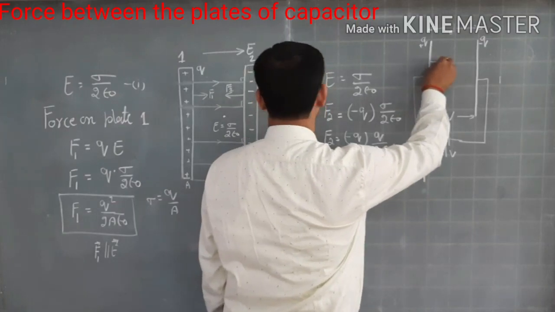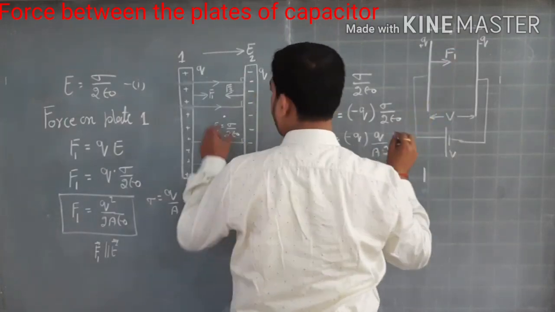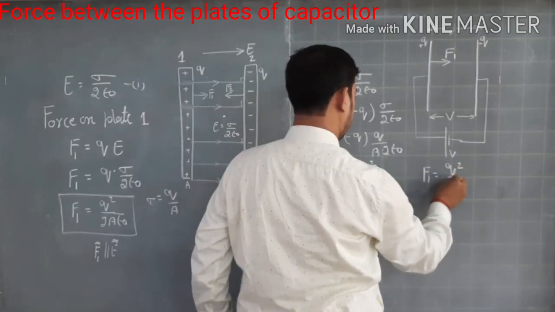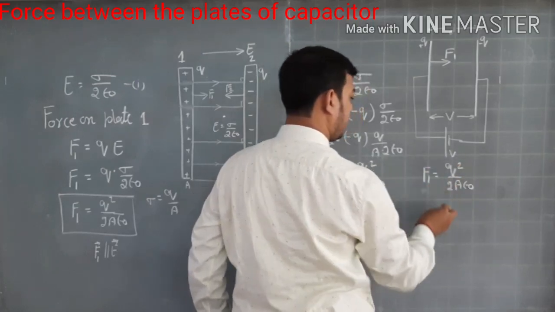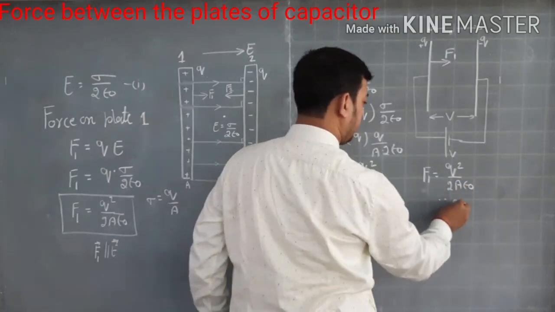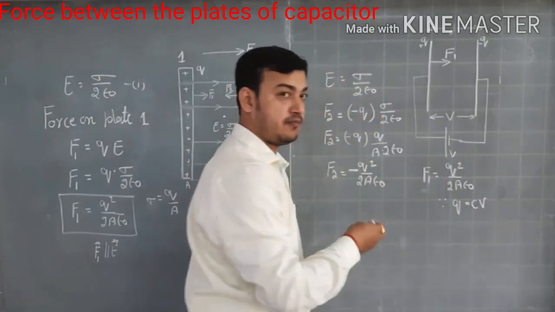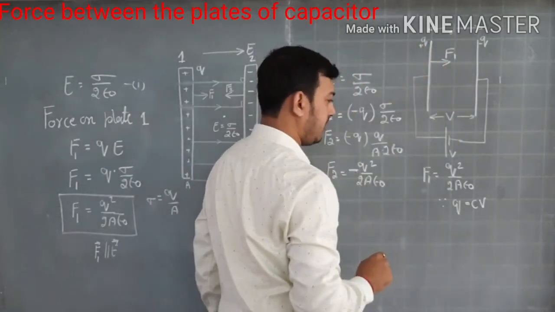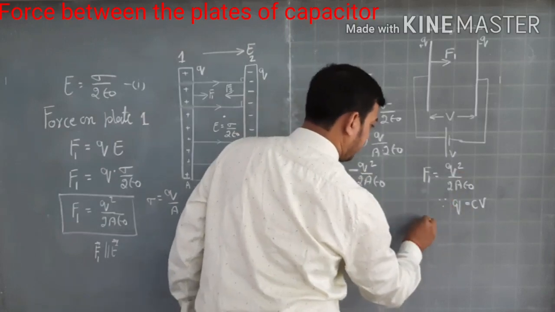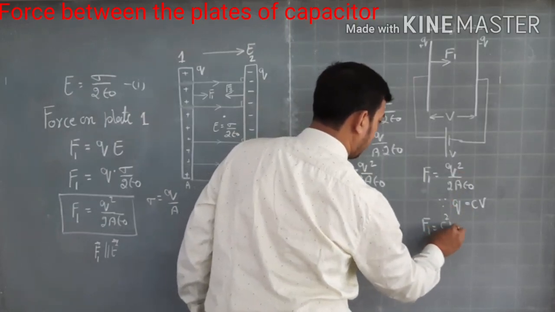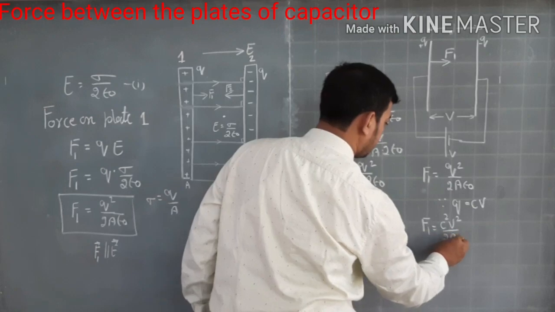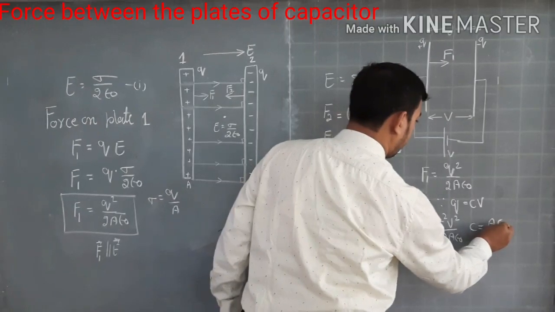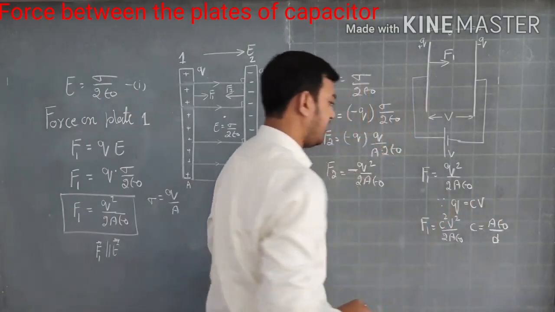So if I am talking about this force F1, as in this diagram, F1 is Q square by twice A epsilon naught, and we know that Q is CV. This is from the definition of capacitance, since the potential difference is V and the charge on each plate is Q. So I can put it here. This is going to be C square V square by twice A epsilon naught. Again, we know that the capacitance of a parallel plate capacitor is A epsilon naught by d.